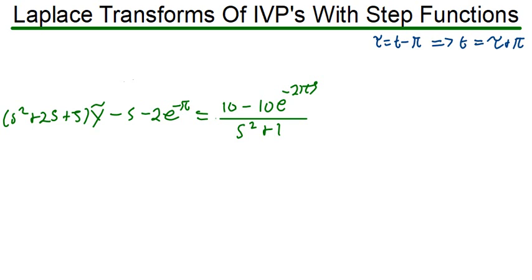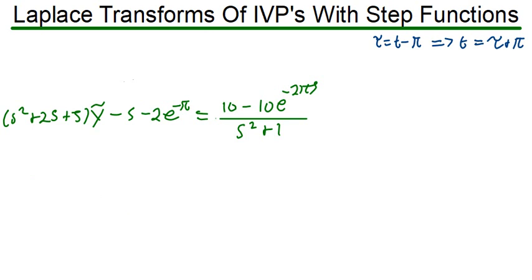All you have to remember, and this part is really important, is that the answer I might find will be in terms of y of t, but it's not going to be in terms of y of t. It will be in terms of y of tau plus alpha. So anywhere there's a t, you're going to substitute with y plus pi there.